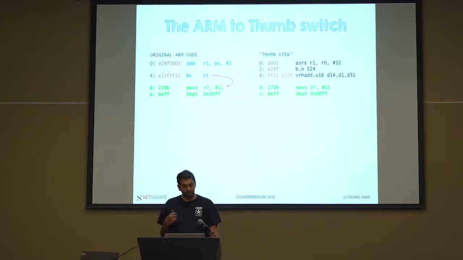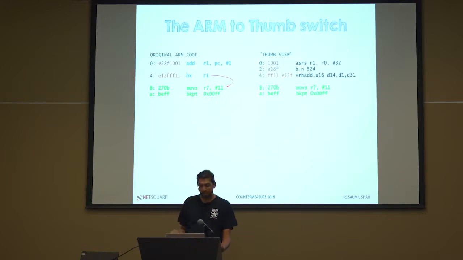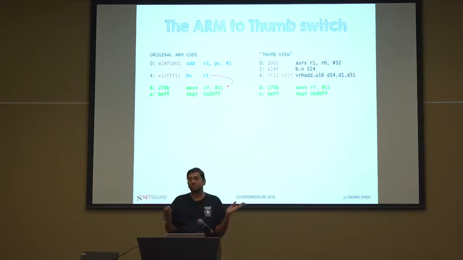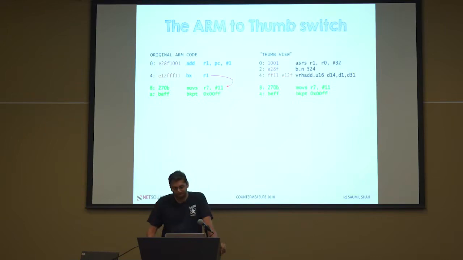So byte by byte, the first add instruction becomes an arithmetic shift right and a branch instruction. And then the second branch instruction in ARM becomes, I don't know what this opcode means. I just call it a very horrible add instruction. It's like a vector floating point instruction, which I have no idea what it does.